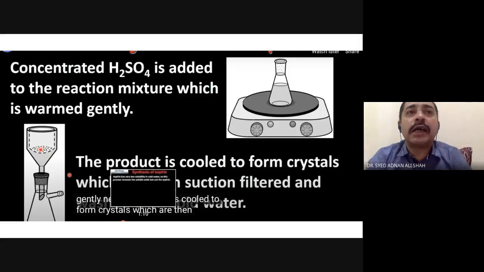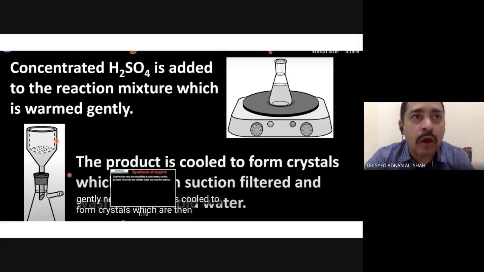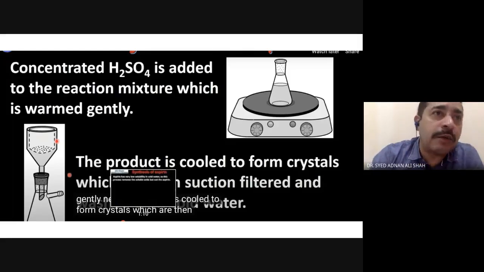This is called the crystallization process, from the formation of aspirin till the filtration. In between, we put this flask in the cold water. That is the crystallization method, right? And as a result of this Buchner funnel filtration, you will get the aspirin. This is called aspirin formation and the crystallization process.